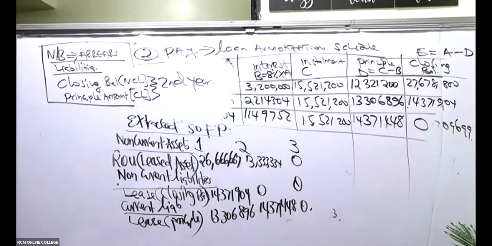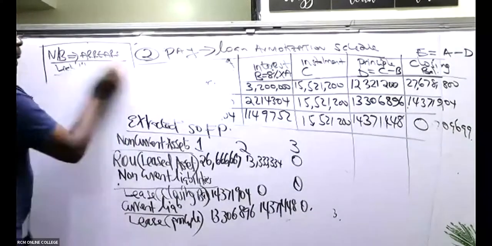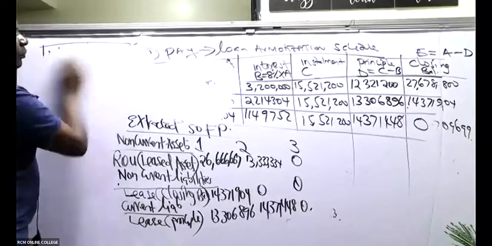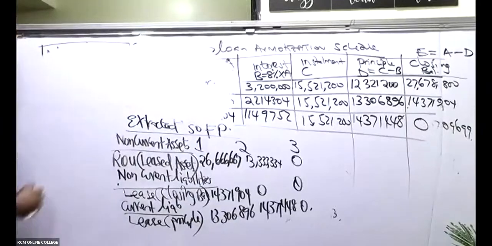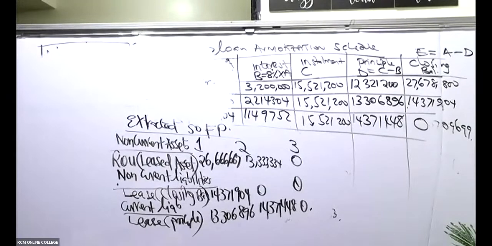But first write it down so that I can explain better. Finish writing, allow me to explain better. Why do we ignore the first year?